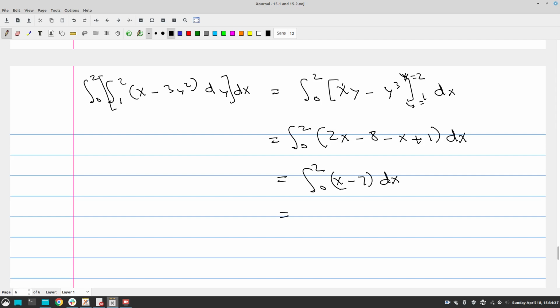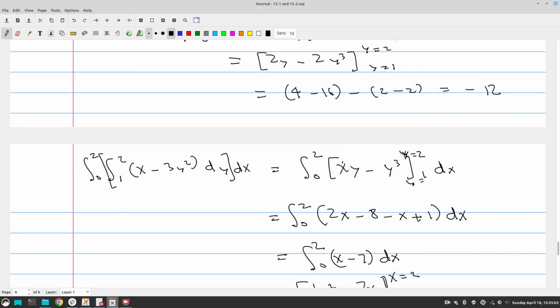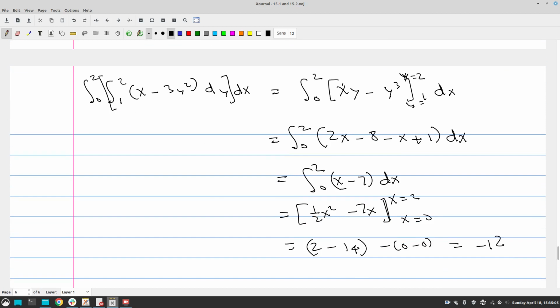This is equal to half x squared minus 7x, x equals 2 to x equals 0, which is 4 over 2, which is 2, minus 14, minus 0 minus 0, which is exactly equal to minus 12. So it didn't really matter which order we did the integrals in. We still got the same answer.